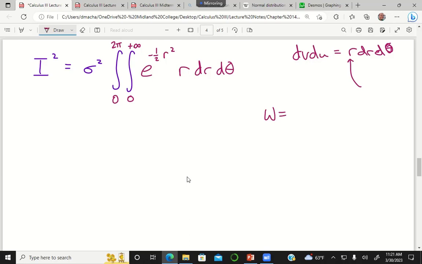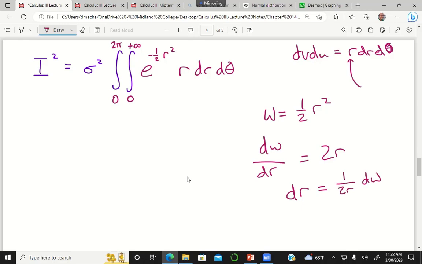And this time I'm going to say w is equal to 1/2 r squared. So that means the derivative of w with respect to r is going to be 2r, which means I could replace the dr with 1 over 2r dw.